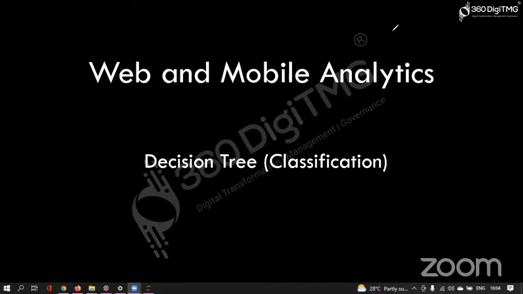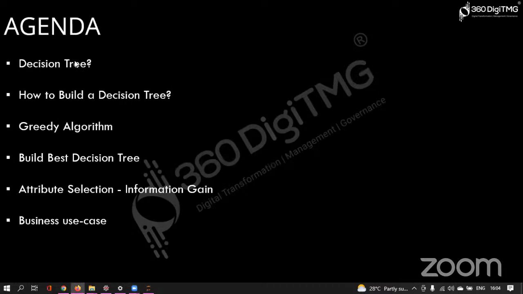So in today's session, we will see what exactly the decision tree is. We'll go through the agenda. What is the decision tree? How to build a decision tree? And the greedy algorithm, what exactly is the greedy algorithm, and where we will be using it, that we will see.